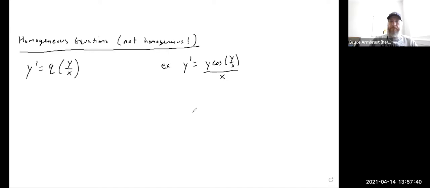This is one of these new homogeneous equations, because you can think of it as y over x times cosine of y over x. So basically, you could do a substitution of u equals y over x. And you've got your function.